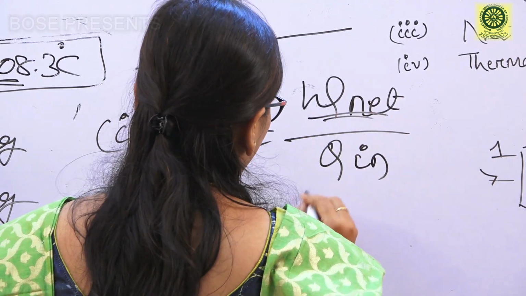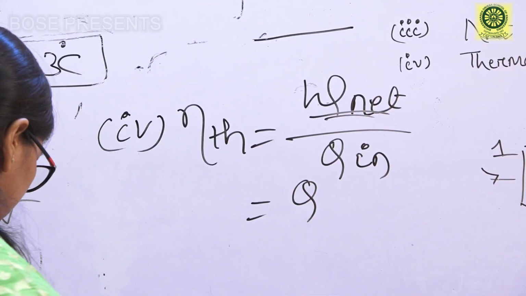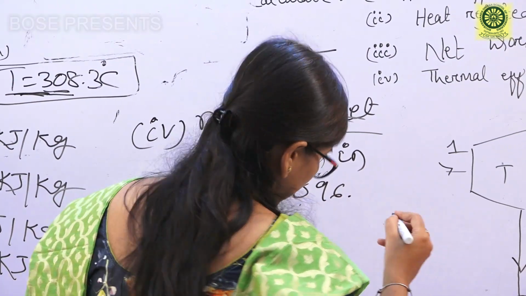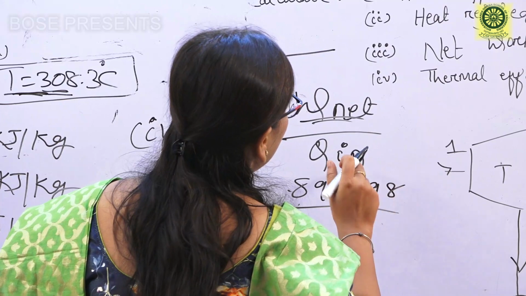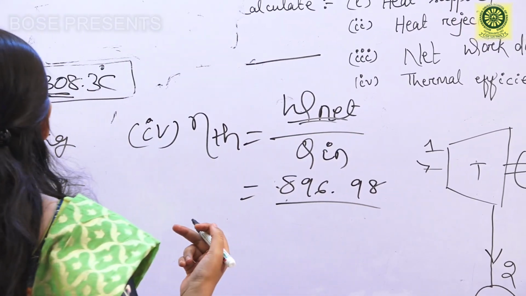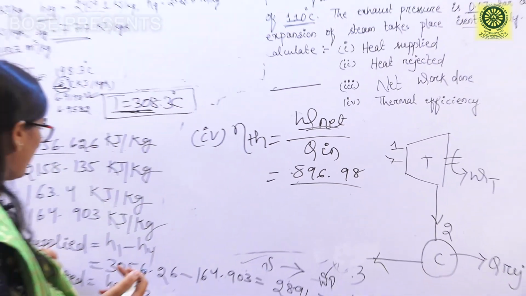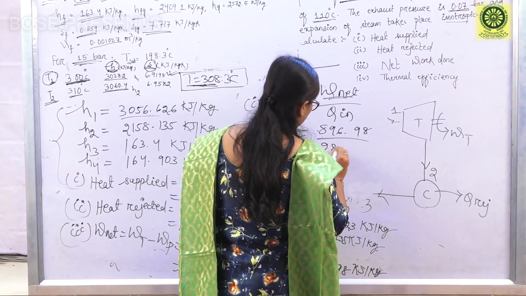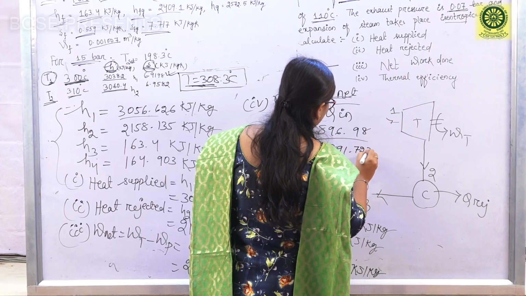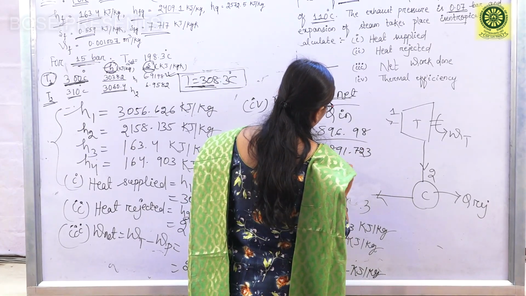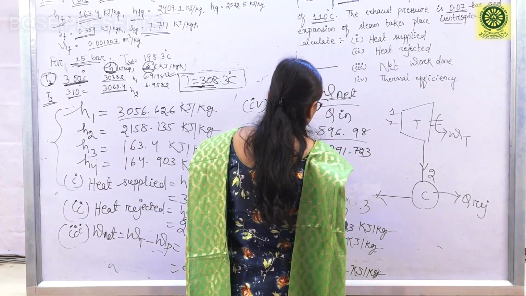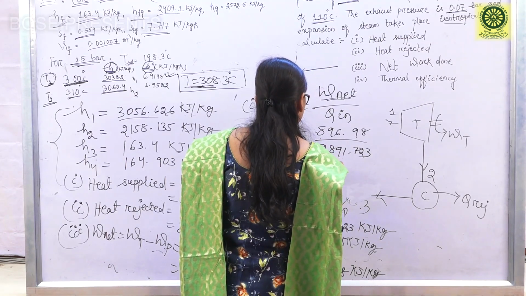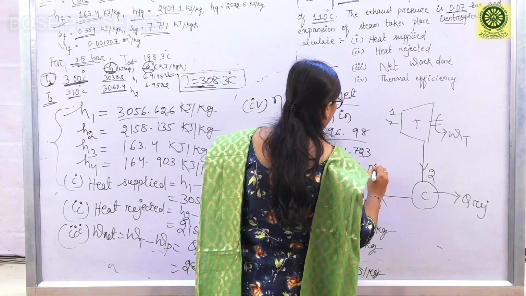W net I have already found, 896.98, divided by Q input, that is heat supply, 2891.723, and you are going to get 0.3101, that is 31.01%.